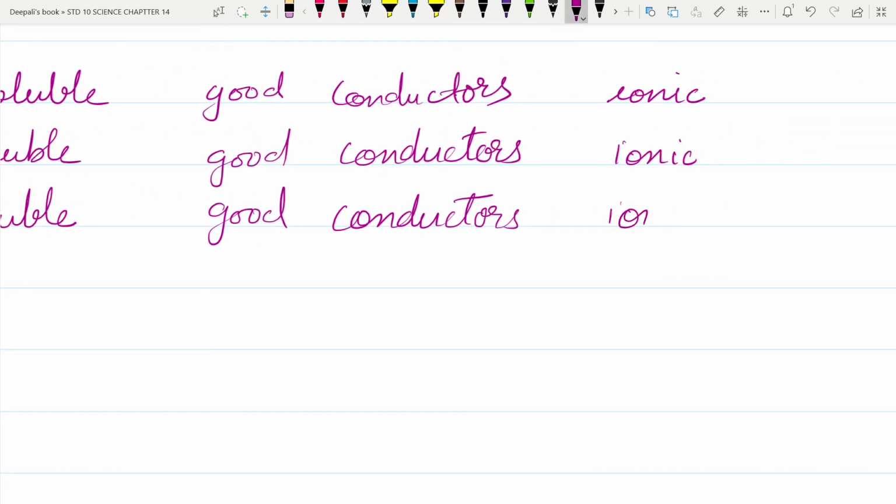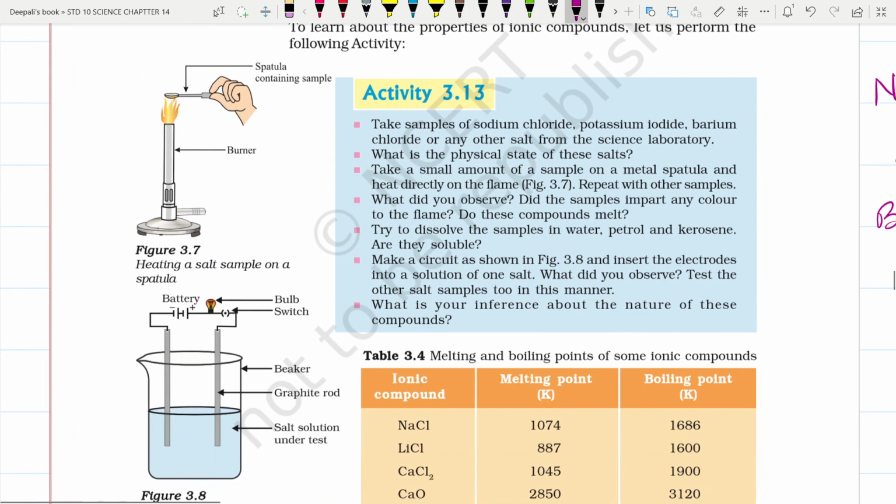So, from this activity, we can come to a conclusion for the properties of ionic compounds.